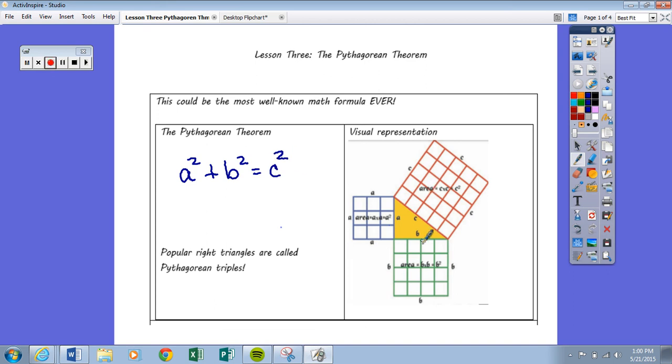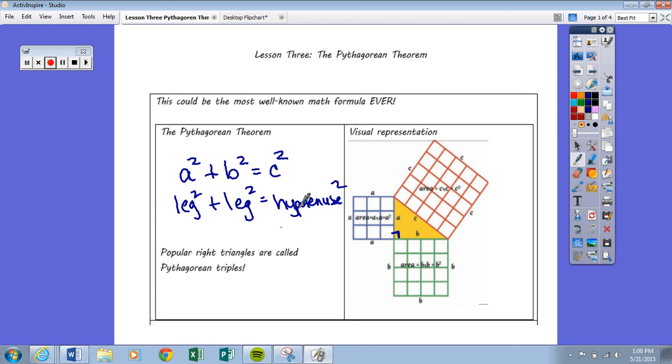The idea is that if you have a right triangle, which you might want to go ahead and write a little box down here for, the relationship of the three sides is such that you can square this side and add it to the square of this side, and it's going to equal the square of the hypotenuse. So it would be a leg squared plus another leg squared equals the hypotenuse squared.